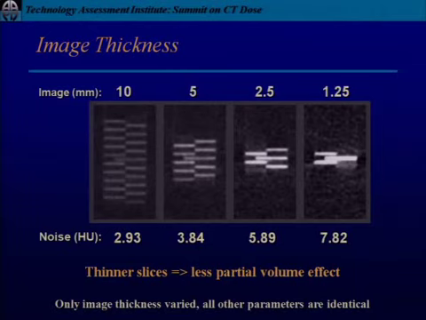So as we go to thinner slices, we are looking at more of a true representation of that object. And that's called partial voluming. When we have to look through a lot of material in front of and behind the object, we are partial voluming that object. So that's, through the phantom images, why thinner slices are attractive.